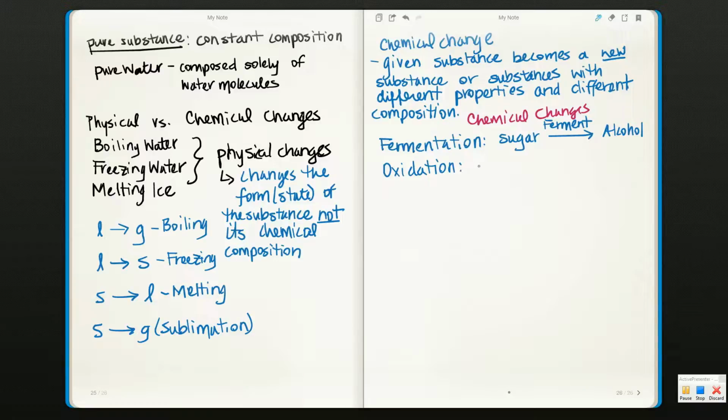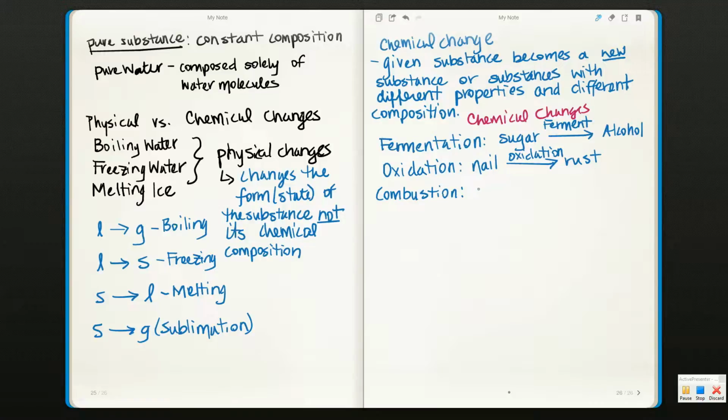So that's like if you took a nail and you set it outside for a really long time and the nail rusted. So that's oxidation. And combustion is also a chemical change.